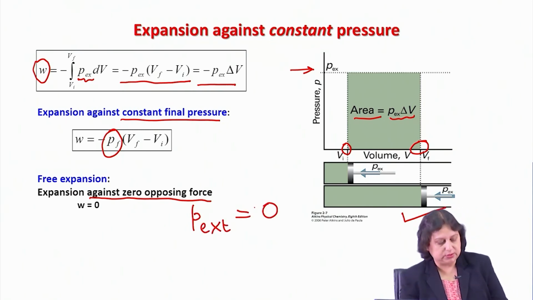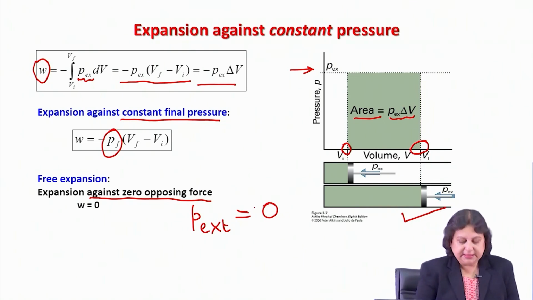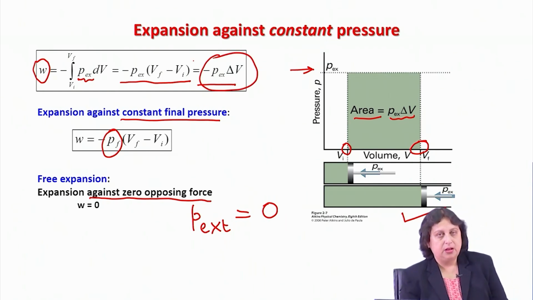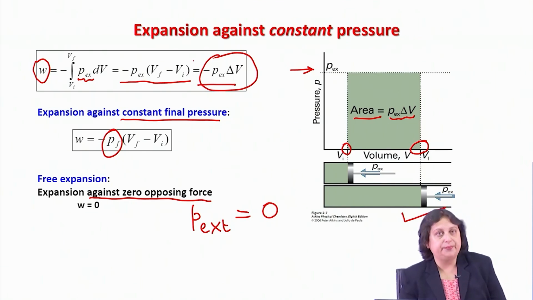And if that is so, then W is equal to 0, because W is nothing but minus P external into delta V. So, basically, if a gas is expanding into vacuum, there is no opposing force, and in that case, I would say that it is a free expansion and the work done in this process is equal to 0.